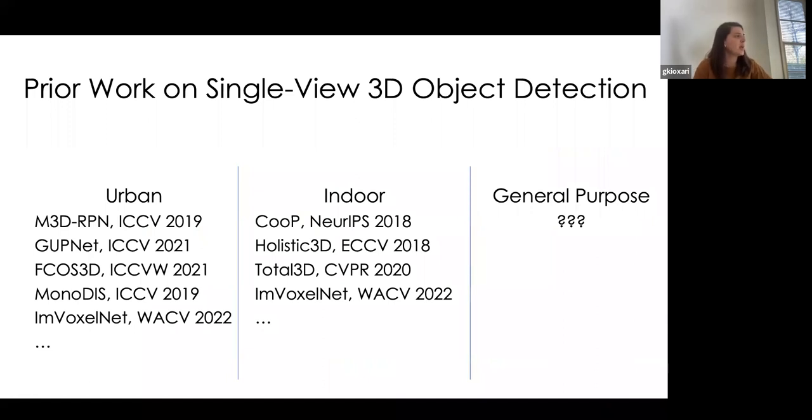And when we look at prior work, there is a lot of it, but because the subfield of 3D object detection in computer vision has been really separated into urban and indoor, a lot of these methods were designed specifically for these domains. So there's a lot of work on urban domains, a lot of work on these indoor RGB-D data sets of close, near objects, but there isn't really a general purpose model that tackles 3D detection on a diversity of domains.